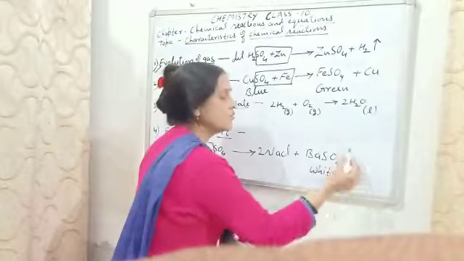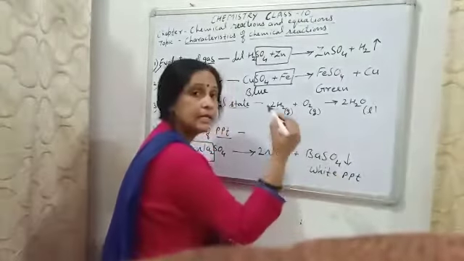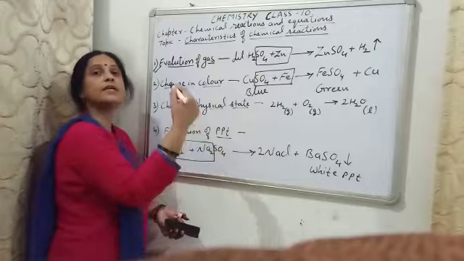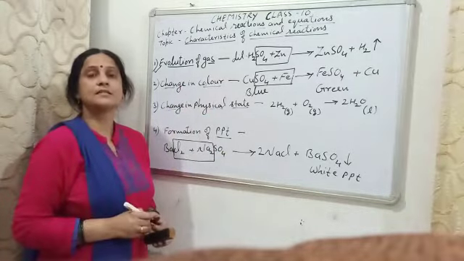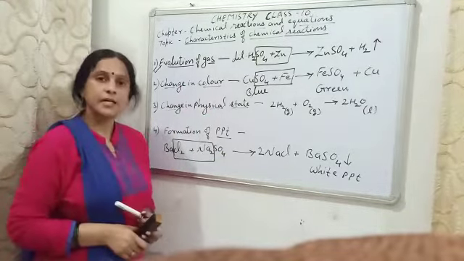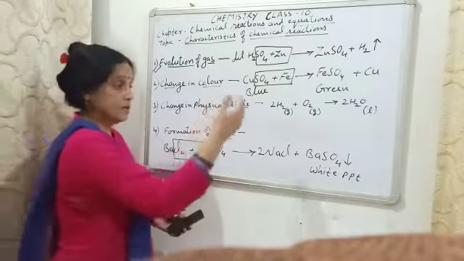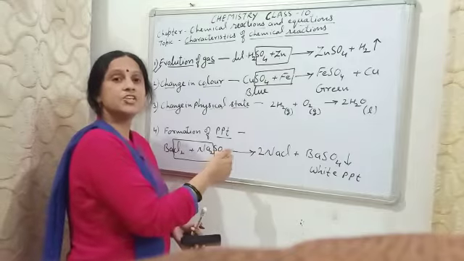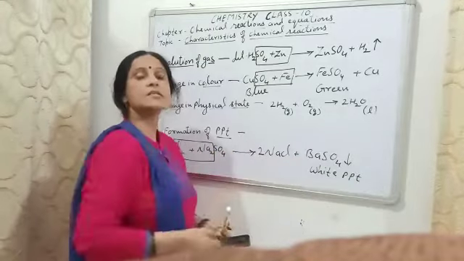The formation of this white colored PPT indicates that barium chloride and sodium sulfate react with each other. That is the chemical reaction. This reaction is also known as a PPT reaction because here PPT is formed.